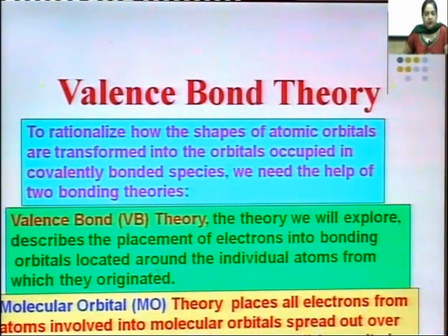VB theory describes the placement of electrons into the bonding orbitals located around the individual atoms from which they originated. In MO theory, all electrons from atoms involved go into molecular orbitals spread out over the entire species.